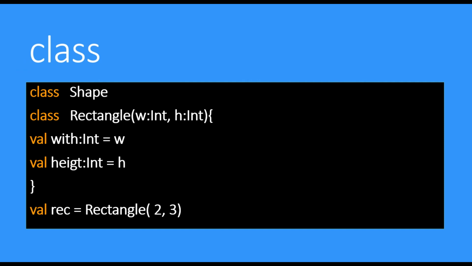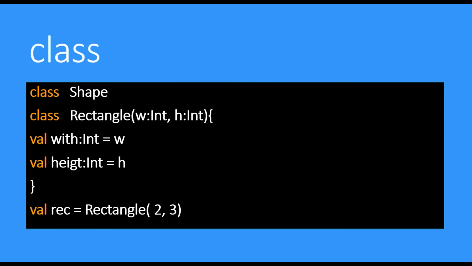In this case we have class Rectangle, and here in the brackets is its primary constructor. So when you initialize it, you can give parameters. In the Kotlin language there is a primary constructor, and there can be many secondary constructors.